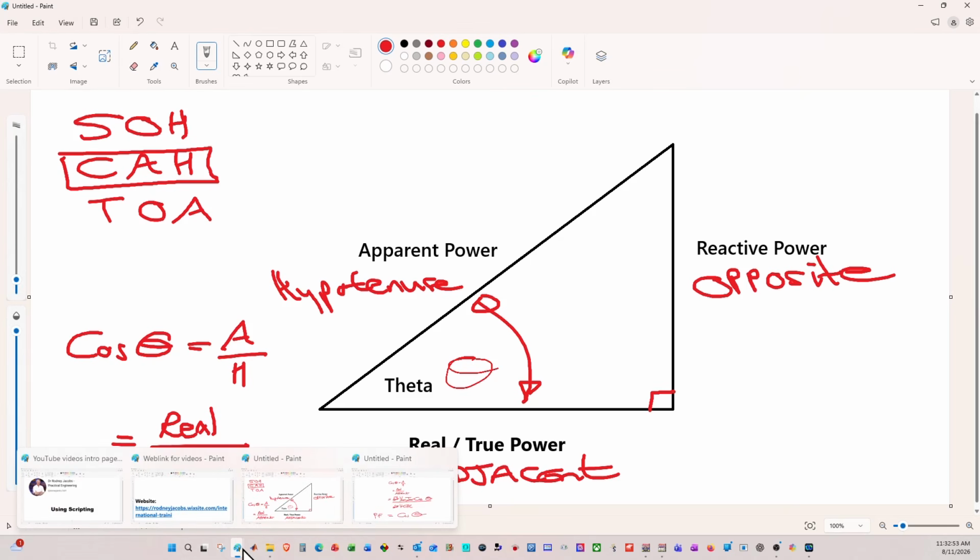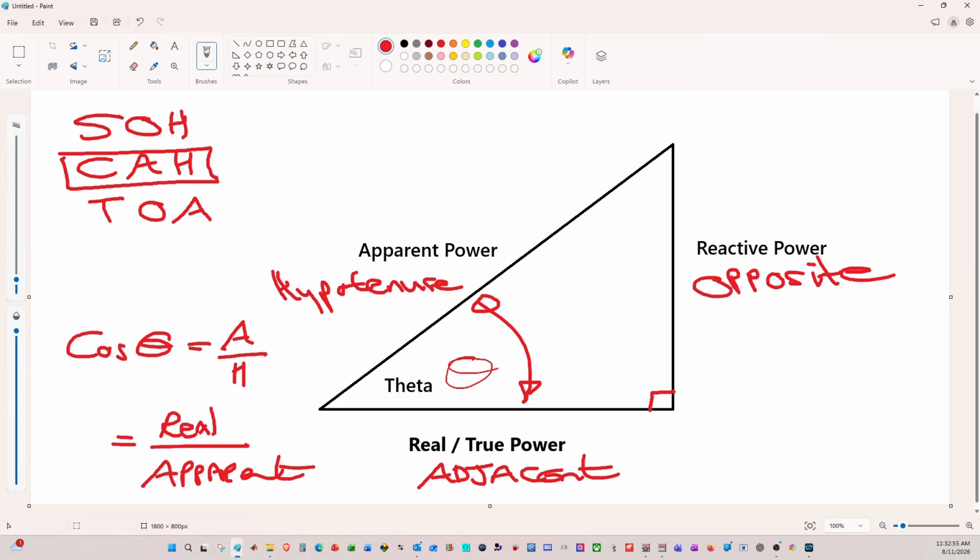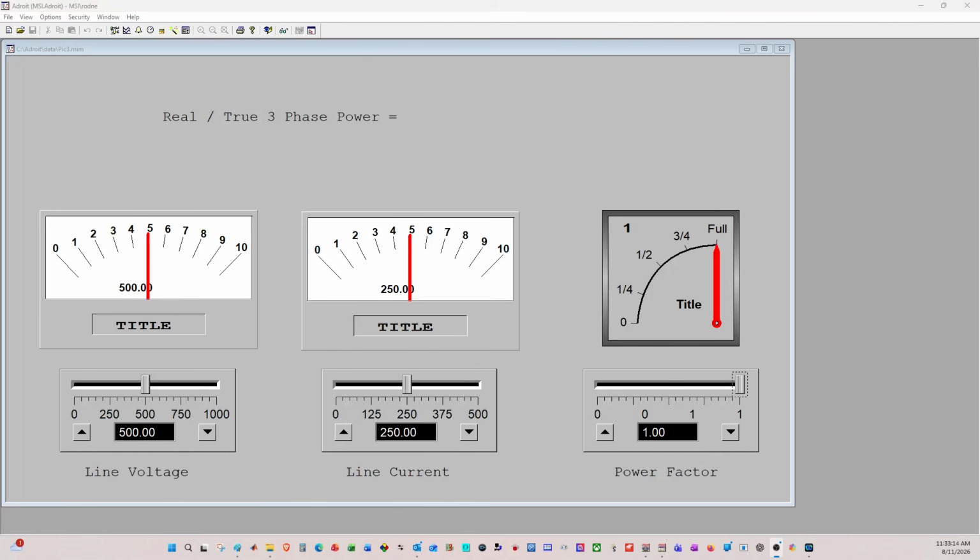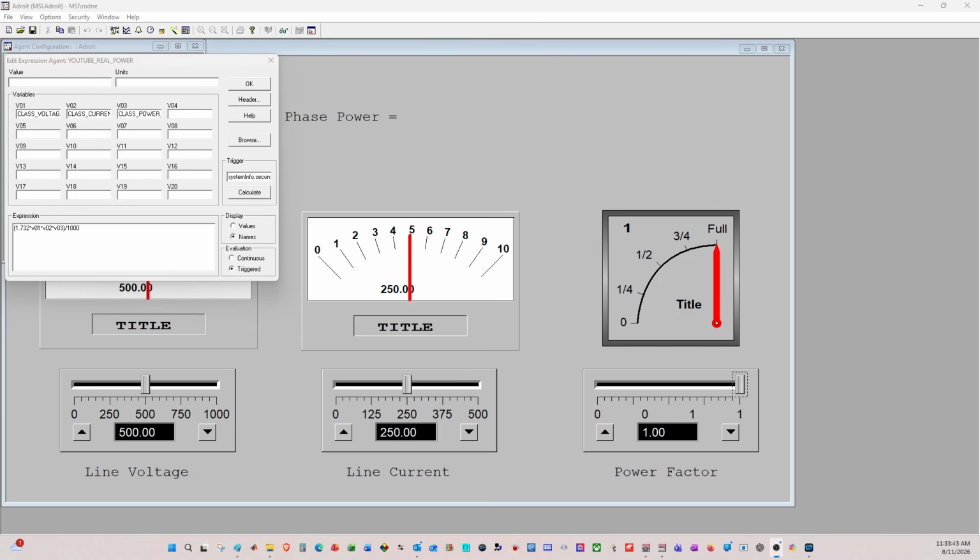Now, I can take this information and put this into my script for my HMI. On the far right hand side, you can see that my power factor is already calculated from the cosine of theta, and that's why it has a value that ranges from 0 to 1. And now it becomes very simple.